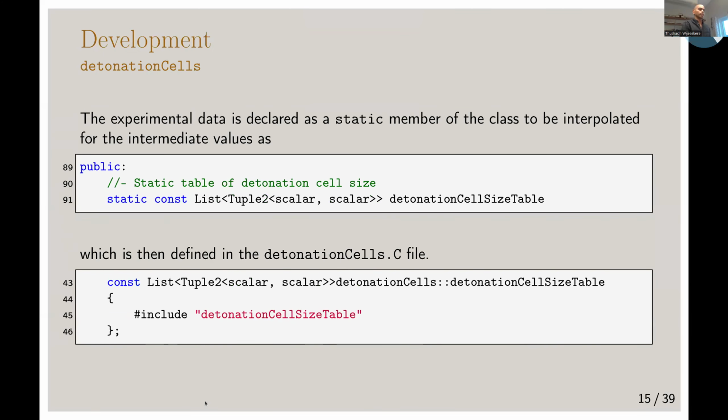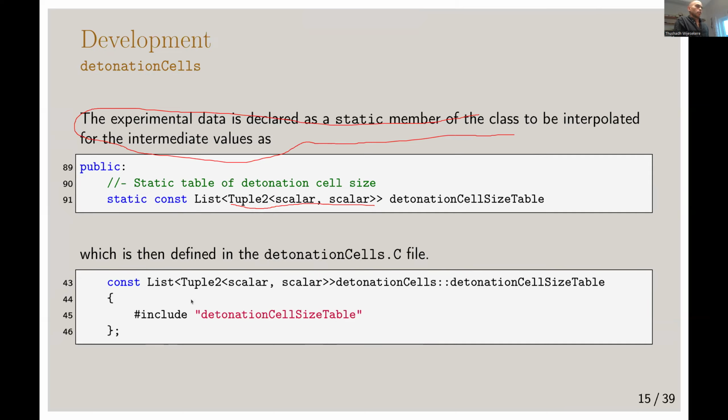Then the experimental data has to be read. The table I showed you before is stored as a public static member of the detonation cells class, and it should take this format, which can then be read by the interpolation table class.